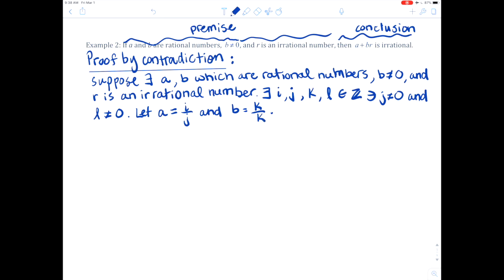Oops. Guess I need to actually write what I'm saying. K over L. And then, all right, what else are we going to need? We're going to have this sum too. So why don't we let capital S equal M over N, such that M and N belong to the integers and N is not equal to 0.